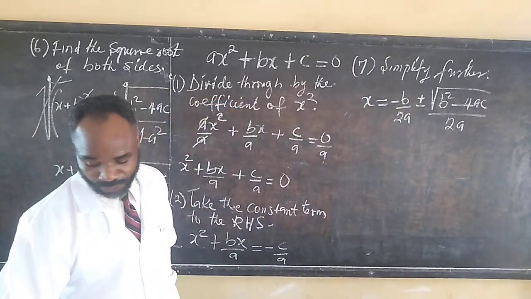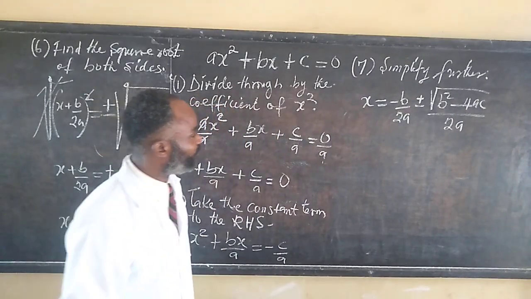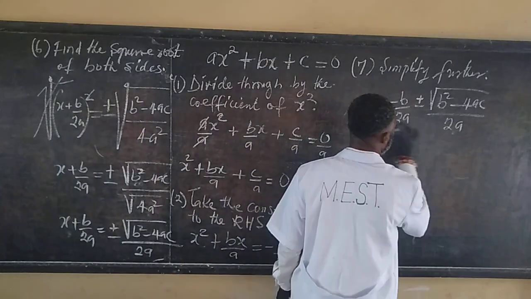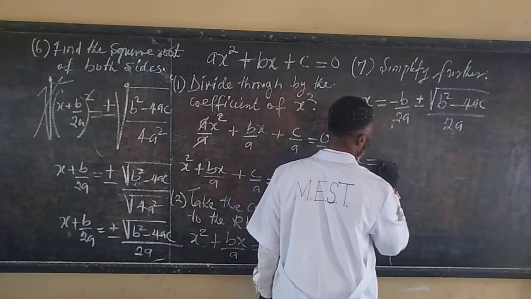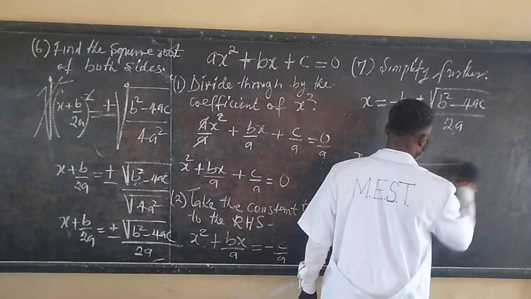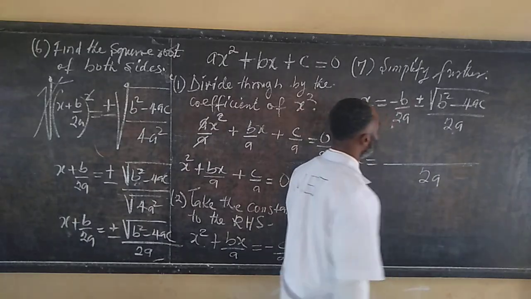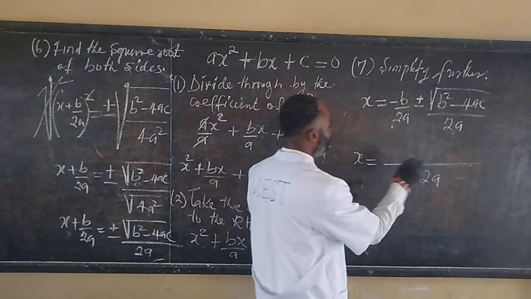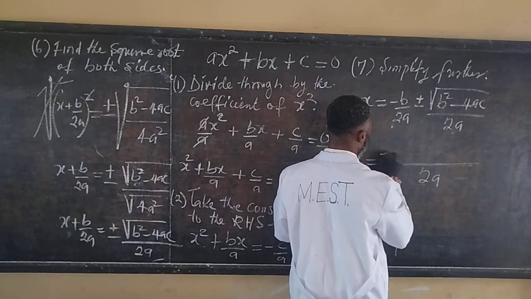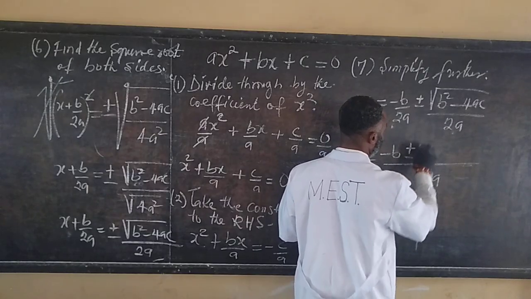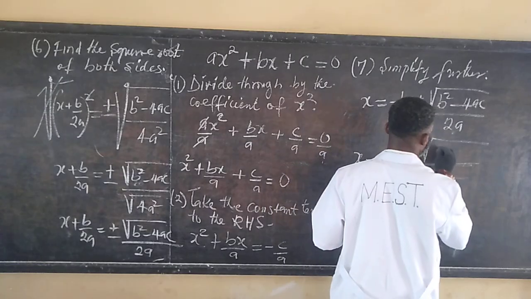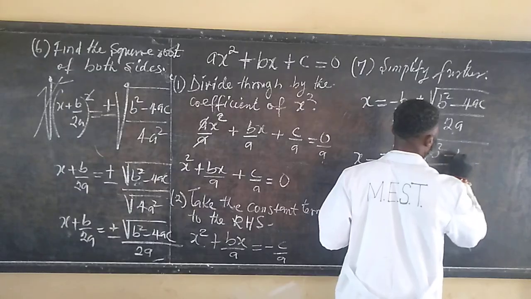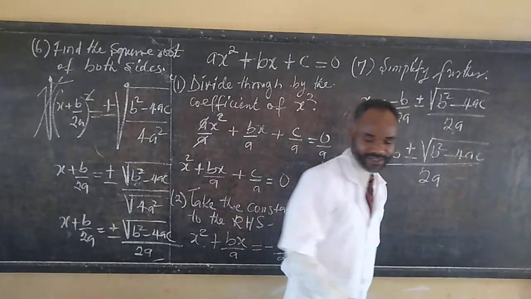Further simplification as well. We find the LCM. Of course, the LCM is looking at us. x is equal to, the LCM remains 2a. Nothing changes. We maintain everything. Put whatever you have there: minus b plus or minus the square root of b squared minus 4ac.